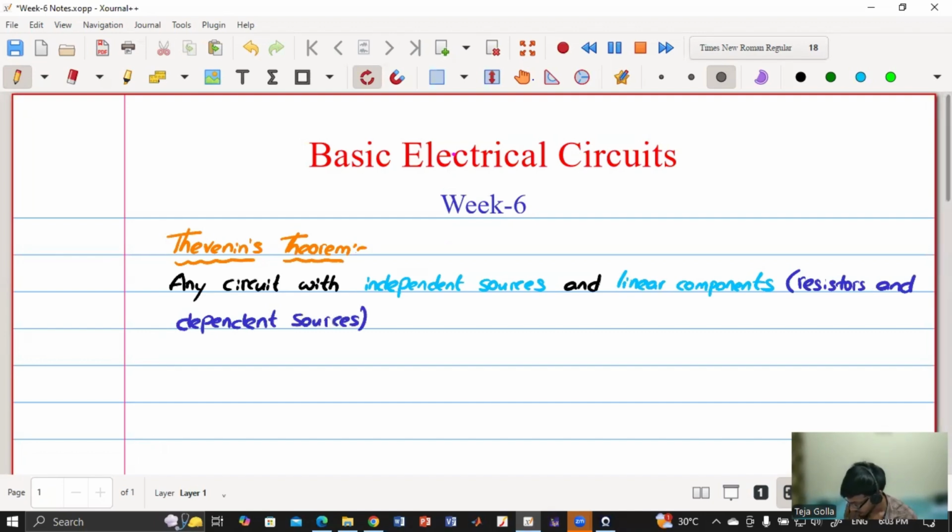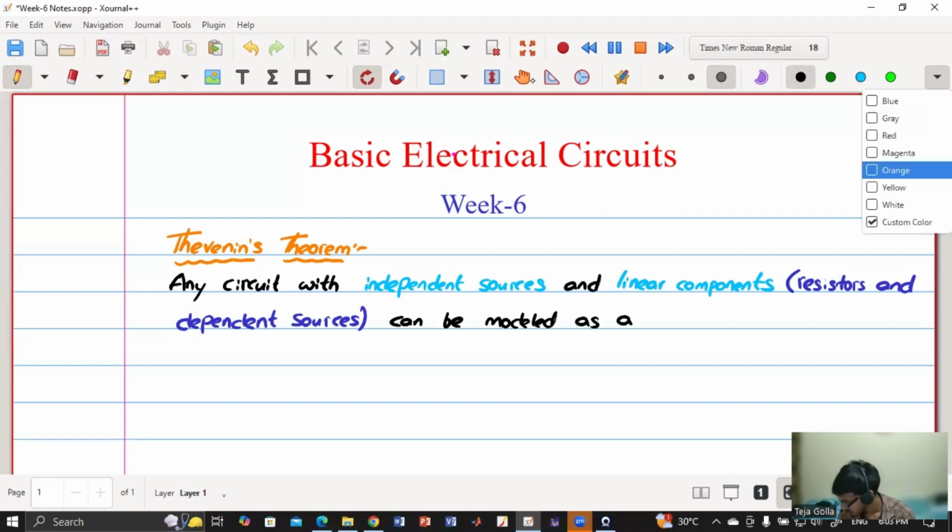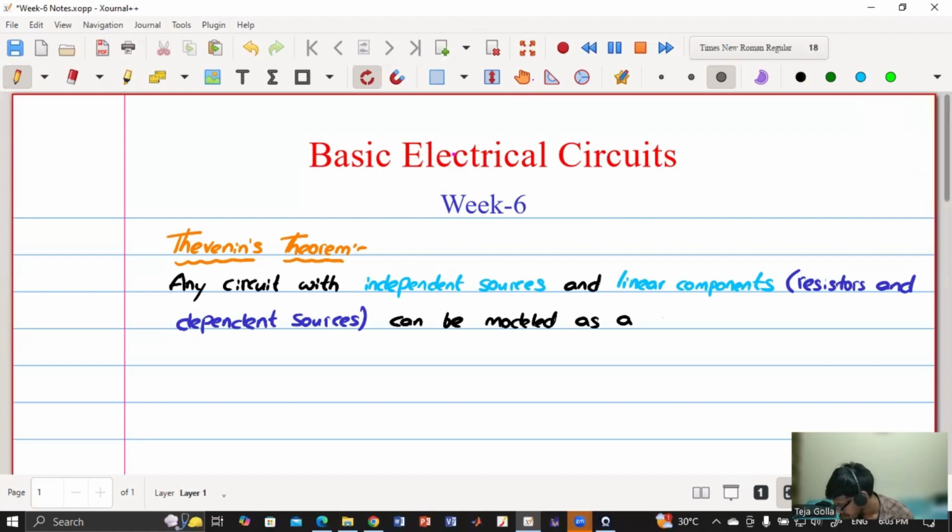So any circuit with independent sources and linear components can be modeled as a series combination. This is very important. In Thevenin's theorem, it is series, and in Norton's theorem, it will be parallel.